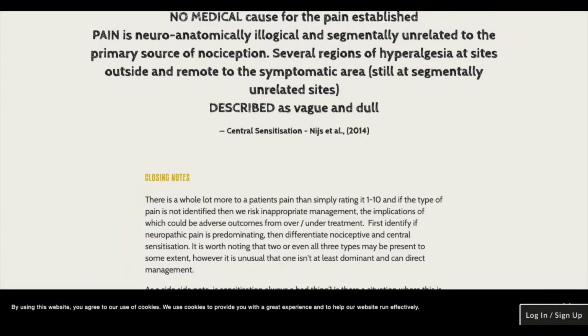Not, is this pain reflecting tissue damage, or not reflecting tissue damage, because that's never the case. It is: is this pain adaptive, i.e. is it helpful for me to back off from this pain, or is this maladaptive, i.e. this changes somewhere in the nervous system that's going to need changing or challenging or doing something a different way?